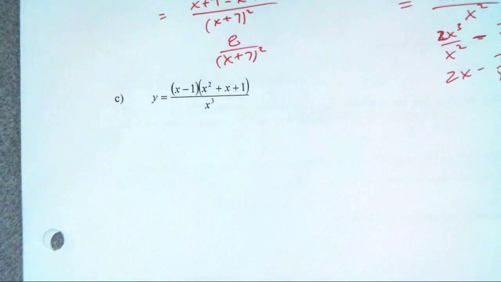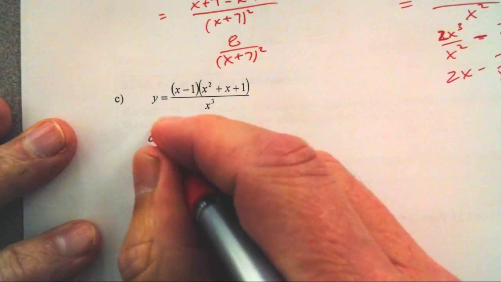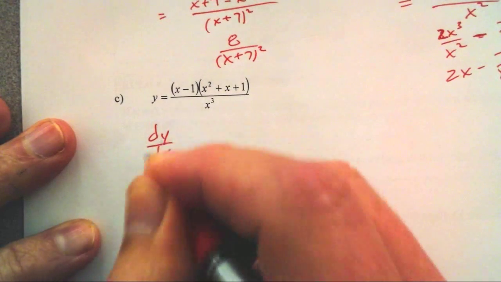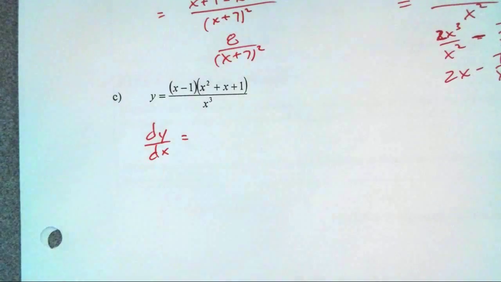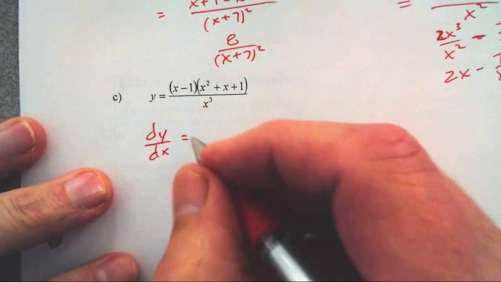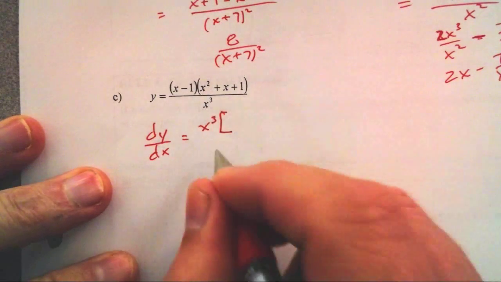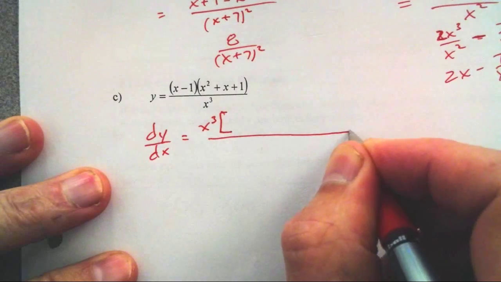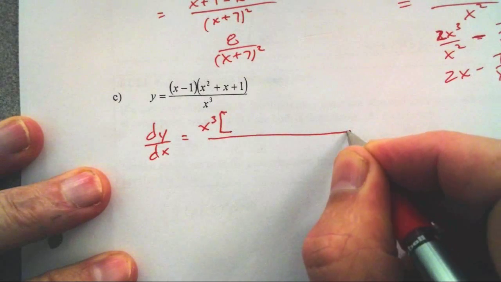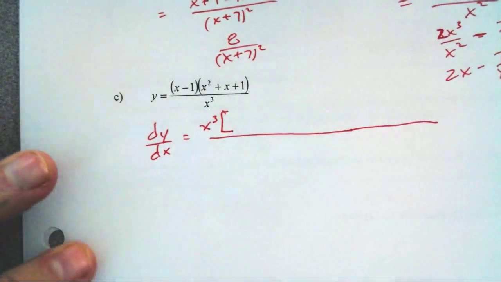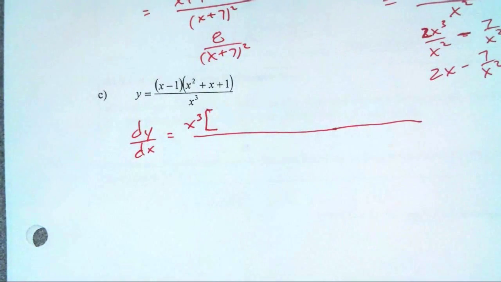No simplifying when you're done. It's a quotient with a product, d high.